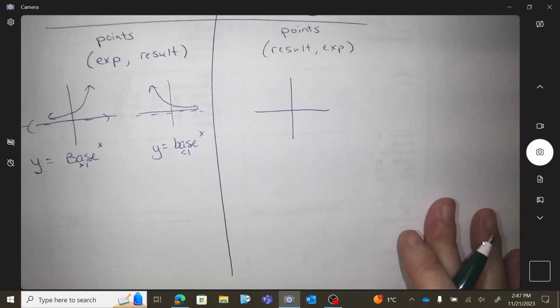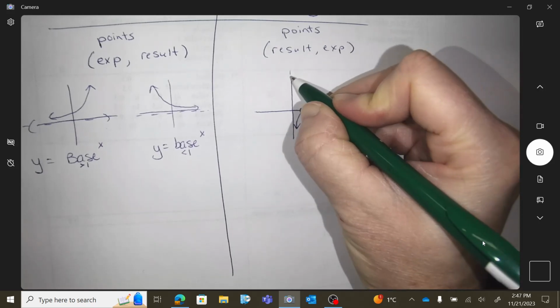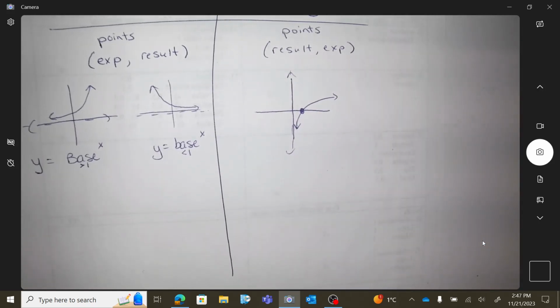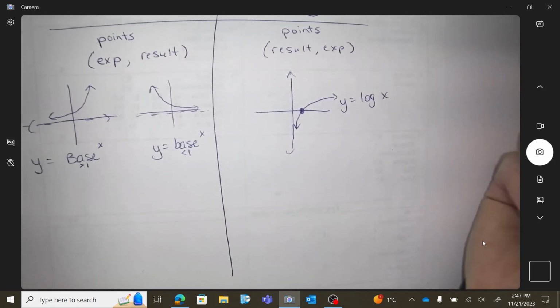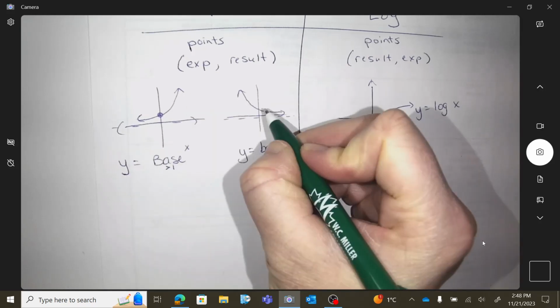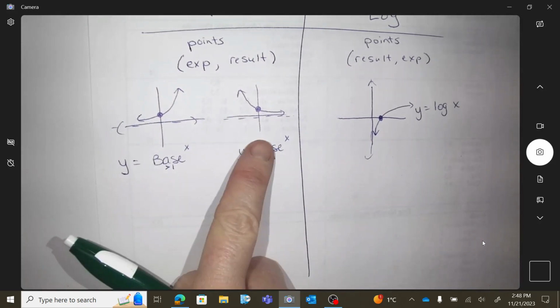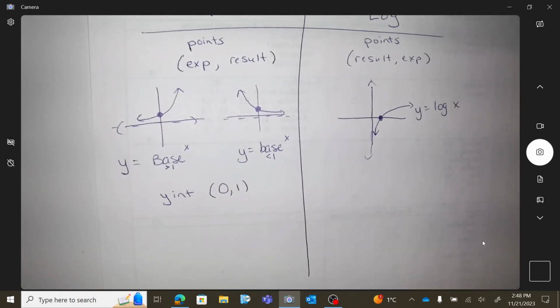What is the most basic log shape? That's a log shape. Y equals log x. Okay, you can reflect that. I'm going to let you think about that on your own. Those shapes could reflect as well. Okay, what else do we know? We know that it has a y-intercept 0, 1.